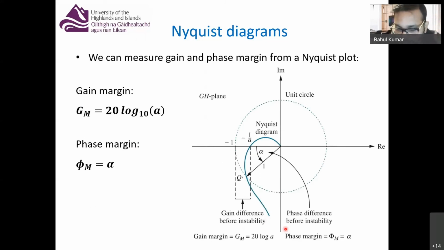The complete Nyquist diagram will be a closed figure. It will go all the way and back to 0, right? So just to show you, the complete Nyquist diagram could be something like this, a closed figure. I have only considered a part of it. Okay.